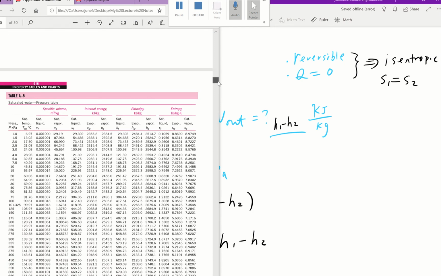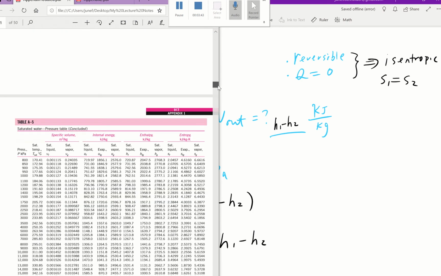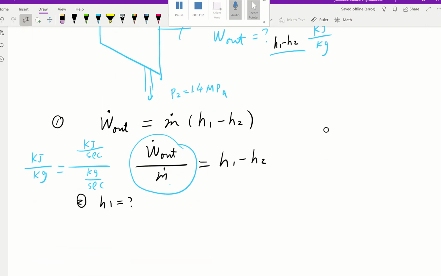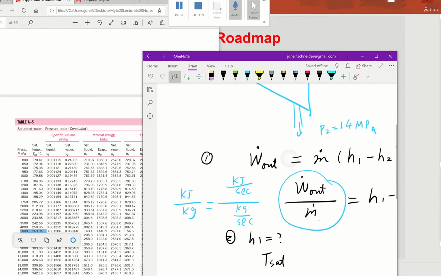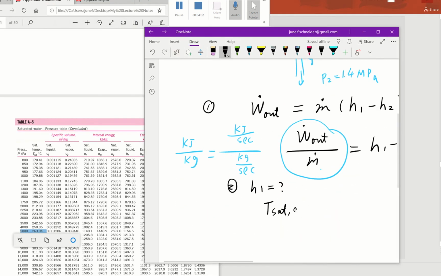At 5 megapascal, which is 5,000 kilopascal, the saturated temperature is 263.94 degrees Celsius.